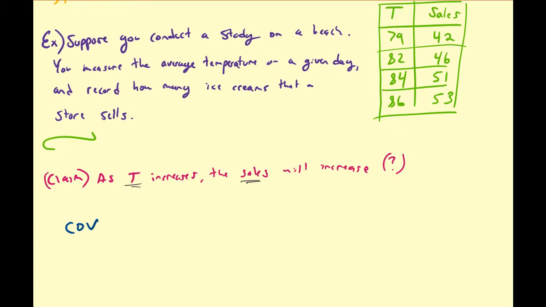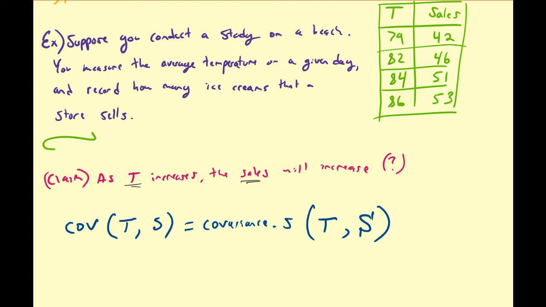One thing we can do is calculate the covariance between the temperature and the sales. If you do that, this is equal to covariance.S of our T set and our sales set, and you're going to realize this is approximately equal to 14.67.